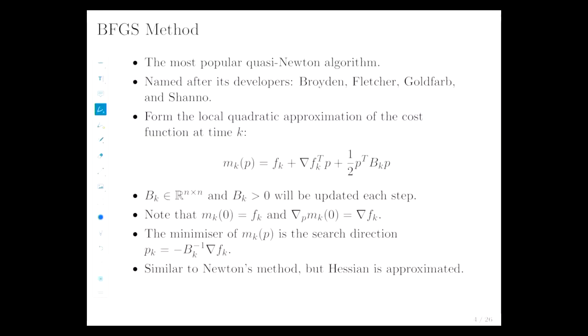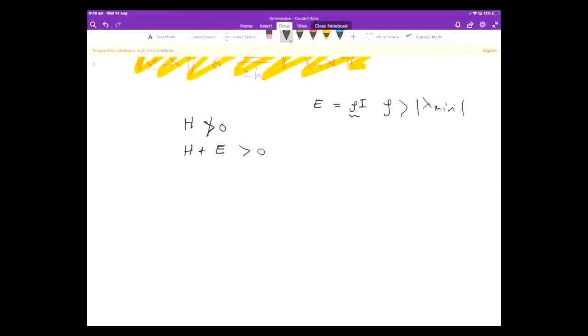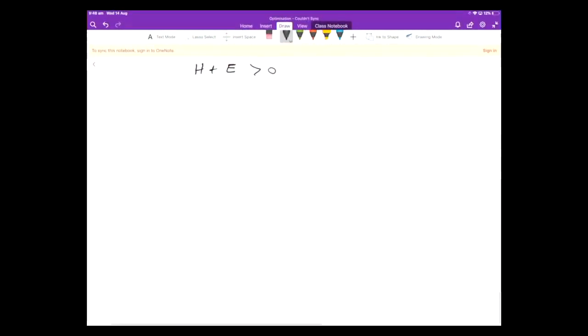Now, all of these quasi-Newton methods rely on some local quadratic approximation of the cost function. That's what Elad alluded to. You said that, right? You did. Around the point. So the idea is that we are at some point xk. We construct a local model of the cost function that looks like that. And then we go and, well, let's just draw some stuff. So I have a function that looks like this.